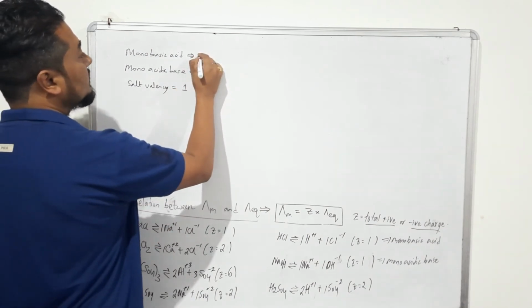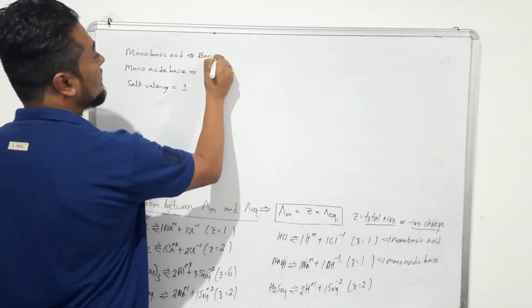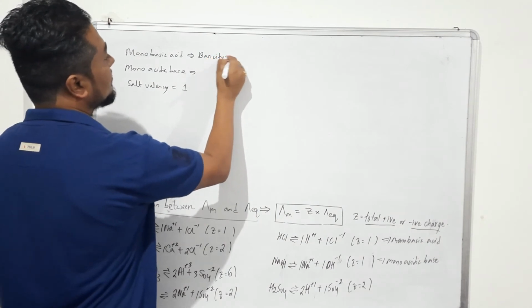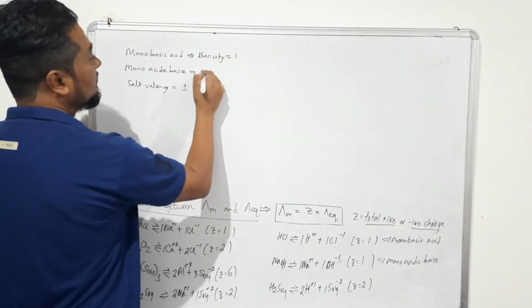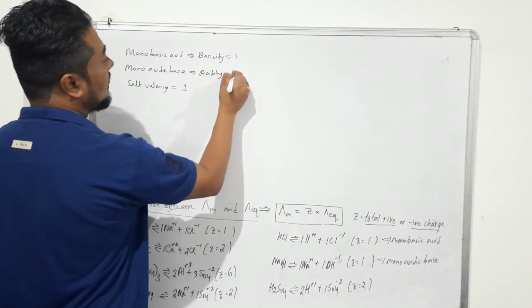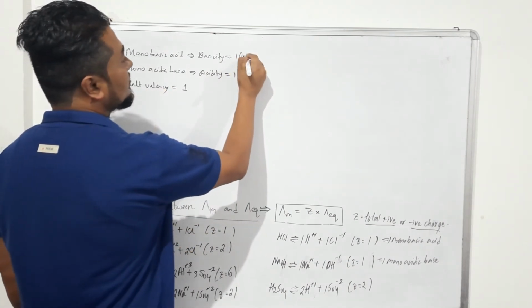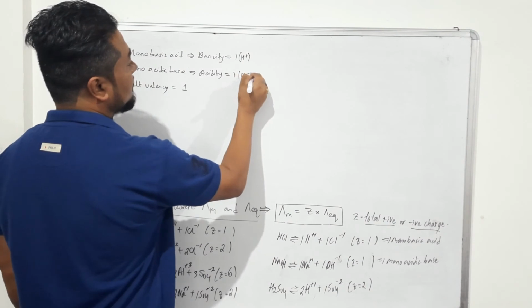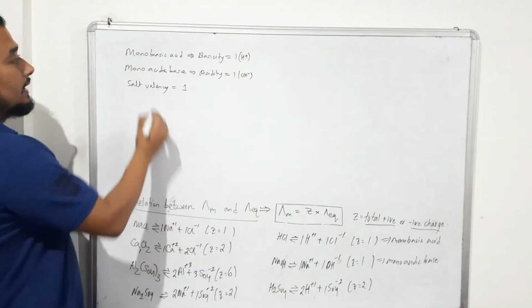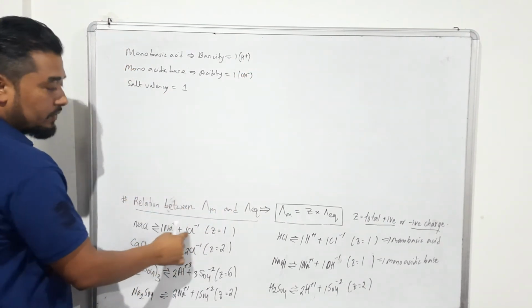So monobasic acid means whose basicity is 1, monoacidic base means whose acidity is 1, and salt whose valency is 1. Basicity means number of H plus, acidity means number of OH minus. Okay, and salt whose valency is 1, as in the case of sodium chloride.